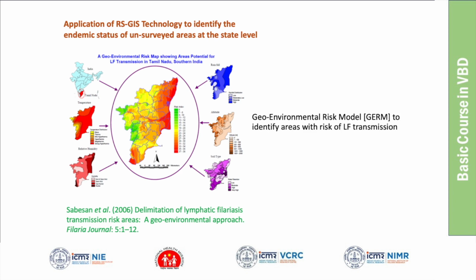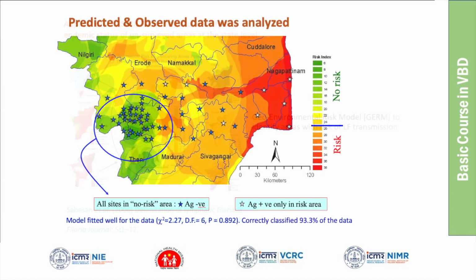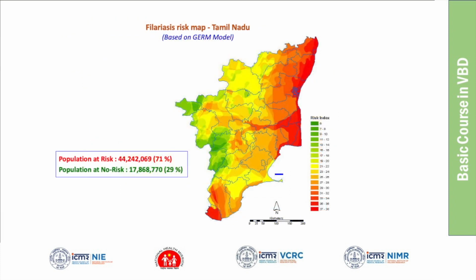This we published in 2006, and again we validated this risk map, and there was about 93.3% agreement between our prediction and the ground reality. That is the ground truth validation we made, and the GERM model was found to be a very dependable model, and therefore we went for the All India map subsequently.